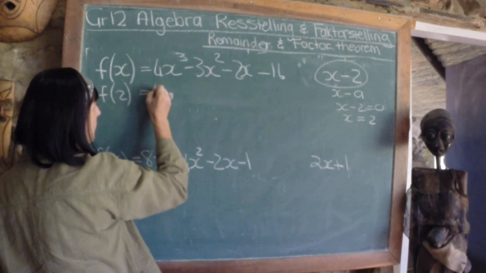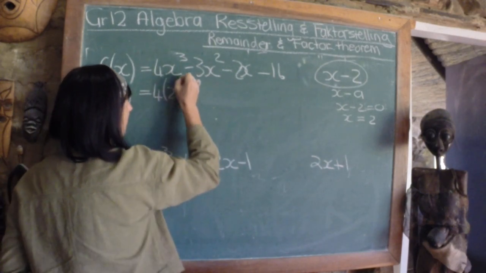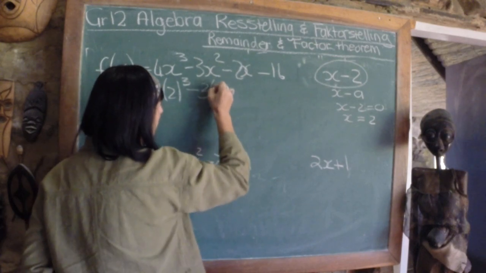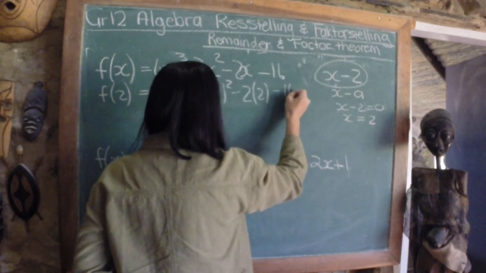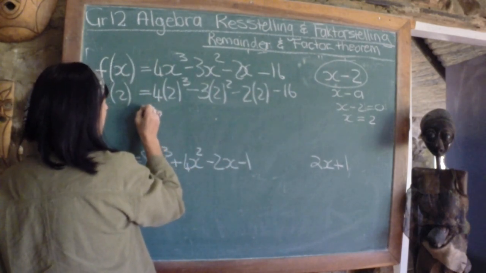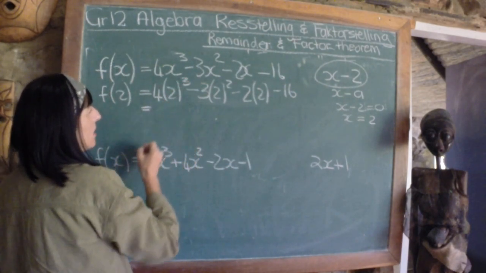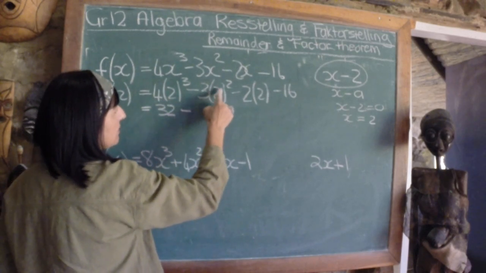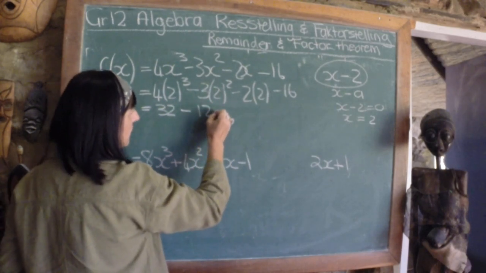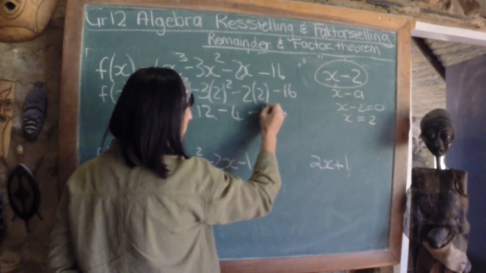So let's go and look. 4 times 2 to the power 3, minus 3 times 2 squared, minus 2 times 2, minus 16. Let's quickly check this out. We have 4 times 2 to the power 3, which is 8. 4 times 8 is 32. Then we have 3 times 4 is 12. Minus 4 minus 16.